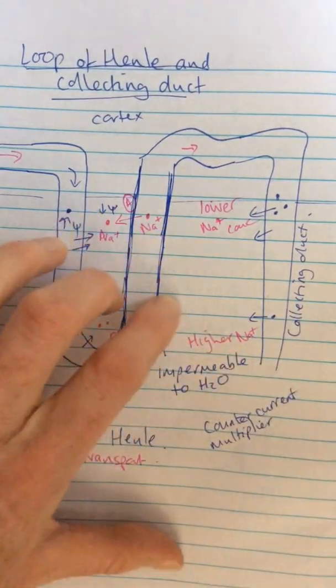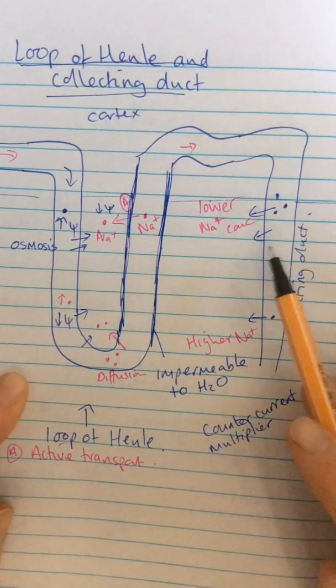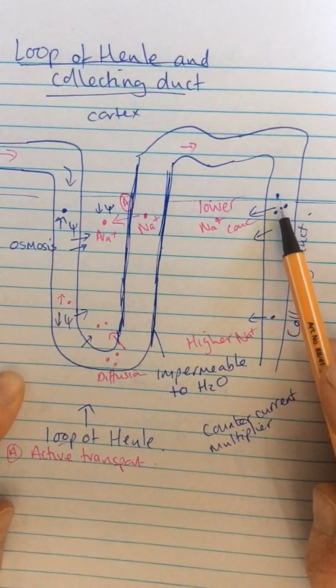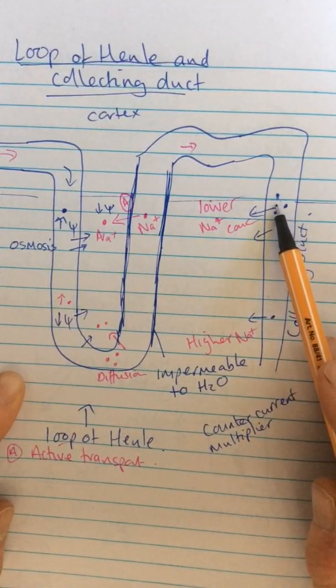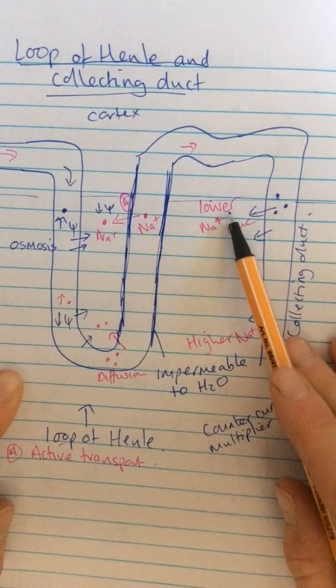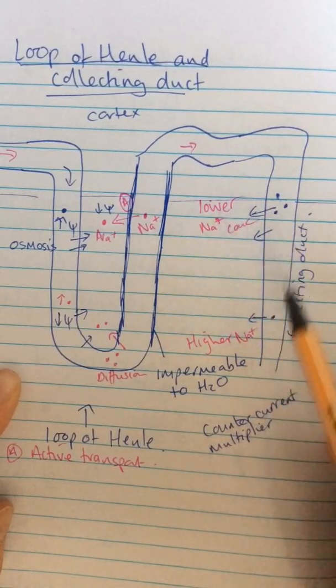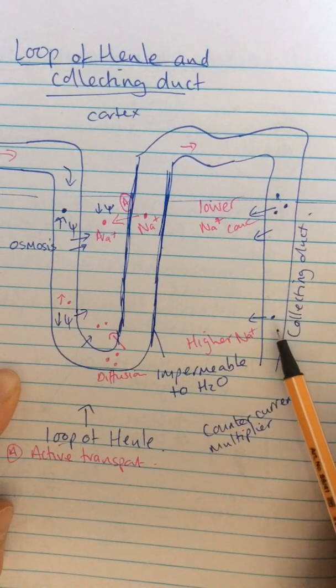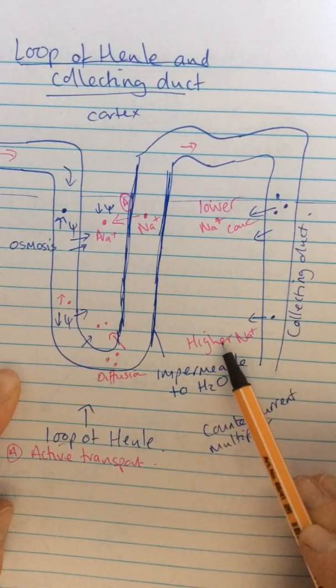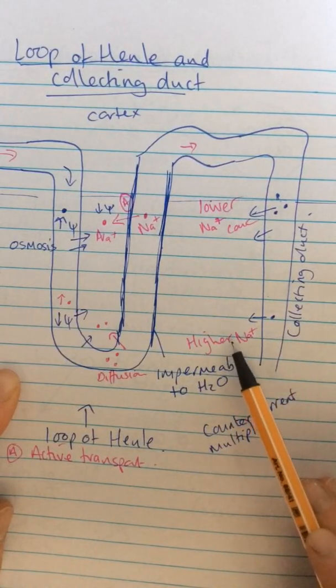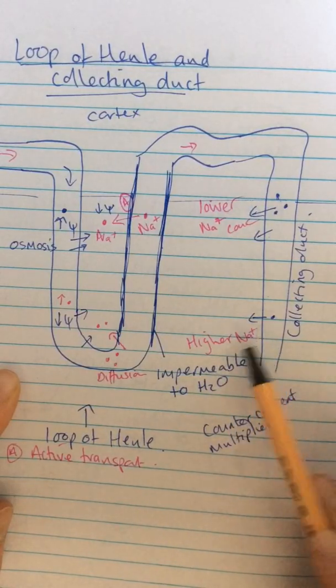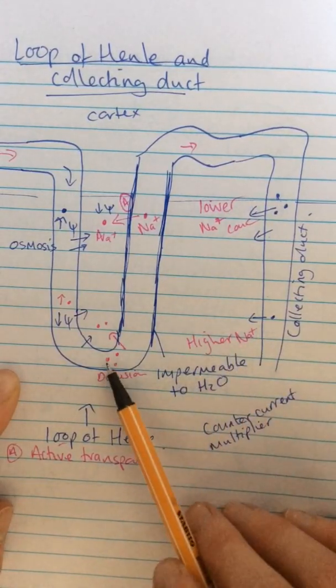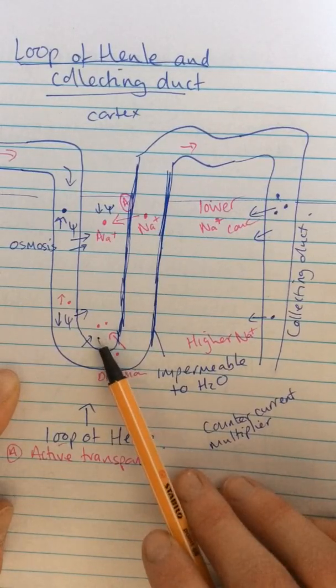It's an example of a countercurrent multiplier because we've got a relatively high water potential, and here it is lower, so water will leave. But as our water potential gets lower and lower, it gets even lower down there, so water will still move out. And this is due to sodium ions moving out.